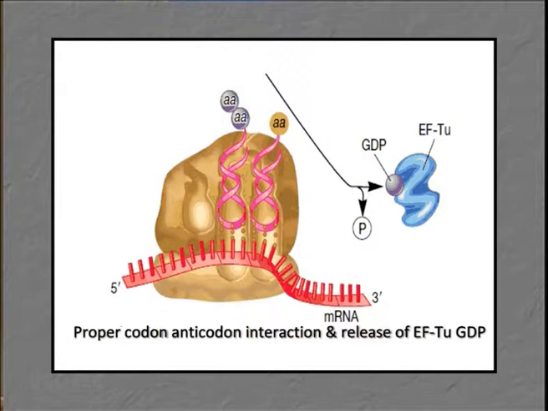Once it is lodged onto the A site, if the tRNA is lodged in the proper direction and if there is a perfect codon-anticodon interaction, then it leads to the hydrolysis of GTP in the factor binding region. And once GTP hydrolysis takes place, elongation factor 2 is released.